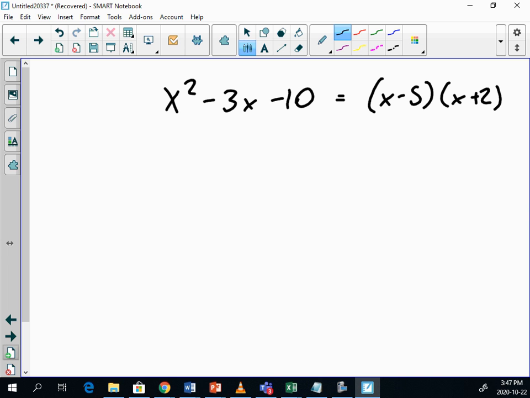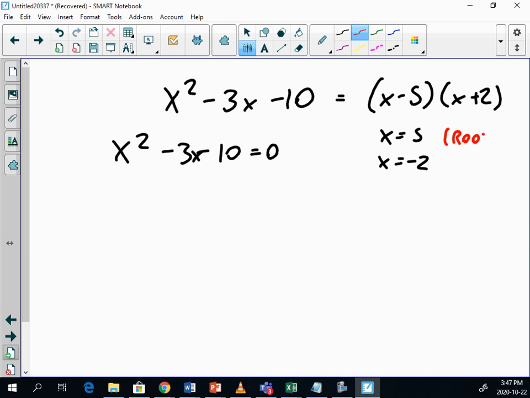And if I have some sort of quadratic equation, like x squared minus 3x minus 10 equals 0, then I can solve that, and my solutions are x equals 5 or x equals negative 2. So these numbers that show up all the time, the 5 and the 2, these are the roots of the quadratic. This is the first root of the quadratic, and this is the second root of the quadratic.